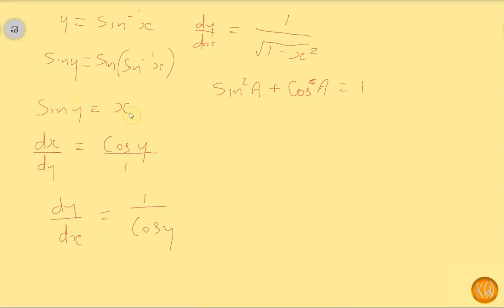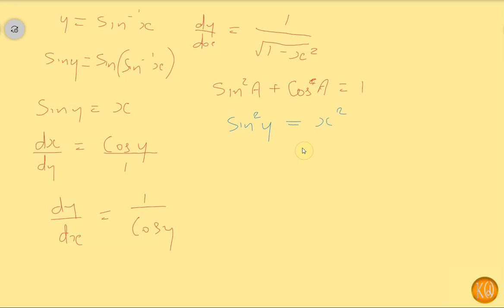square both sides here. So if we square both sides, we would have sine squared y is equal to x squared. Good.